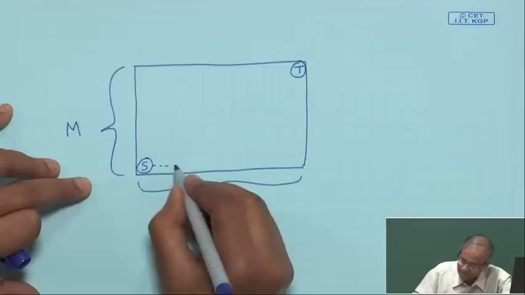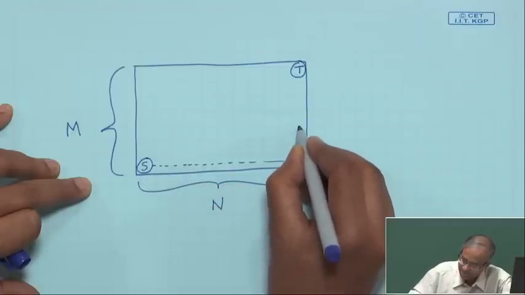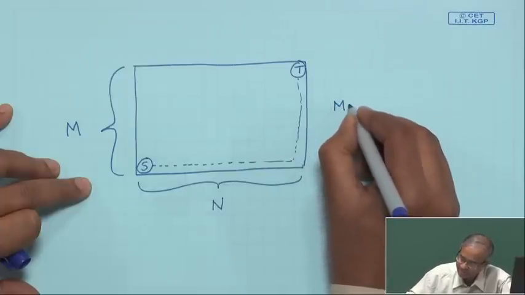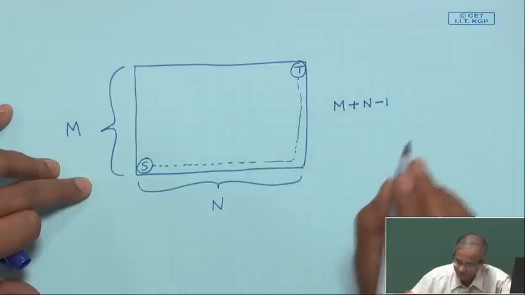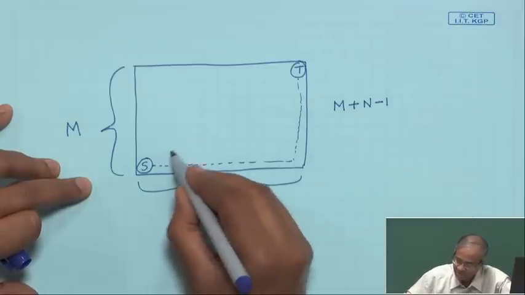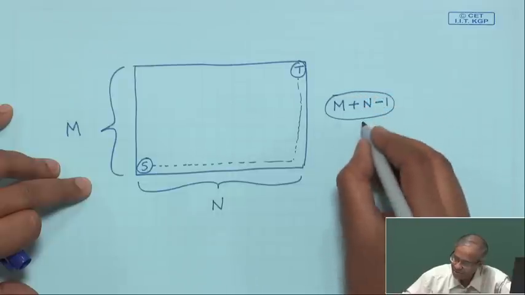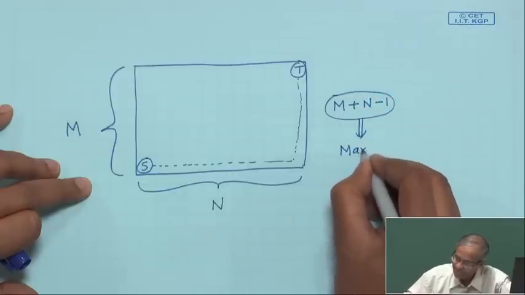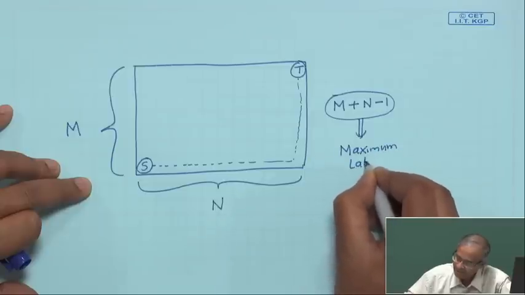Then the length of this longest path will be m plus n minus 1, which indicates the maximum label that I may need to use.